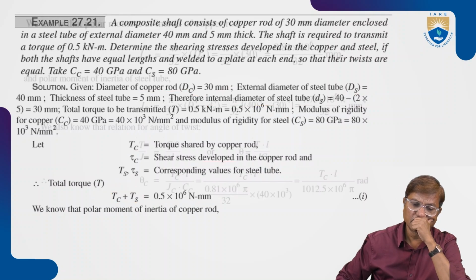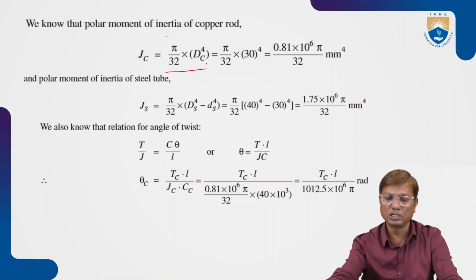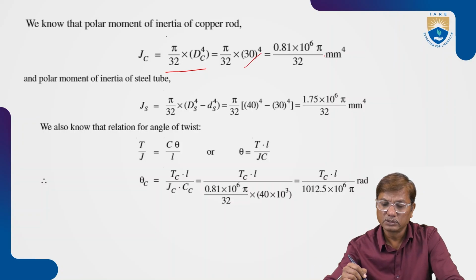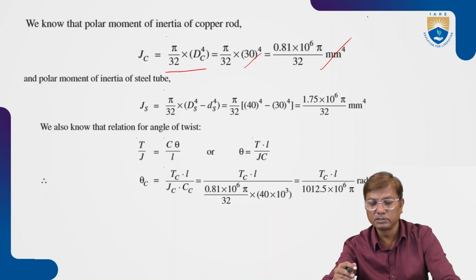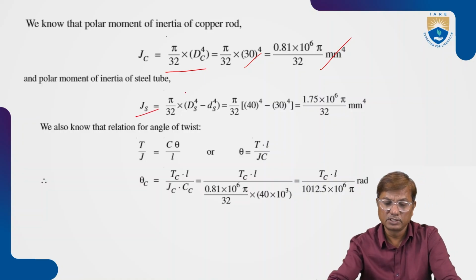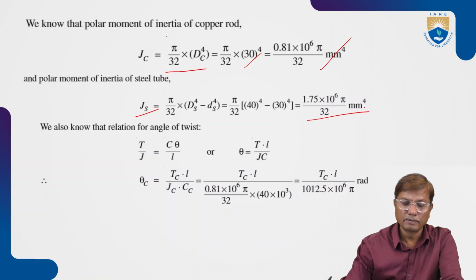Now the polar moment of inertia for copper rod is given as pi by 32 d power 4. So what is diameter of copper rod? 30. So you will get this in terms of pi. Let it be like that only. Similarly, polar moment of inertia for steel tube is computed.